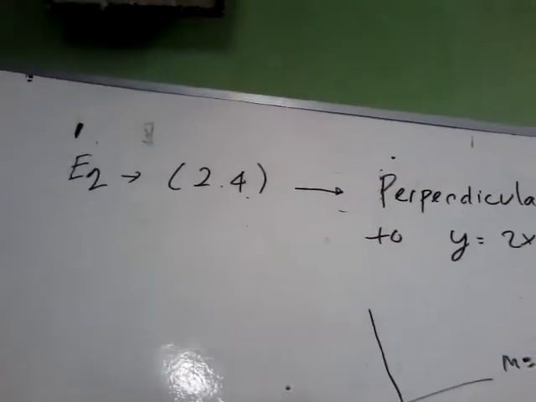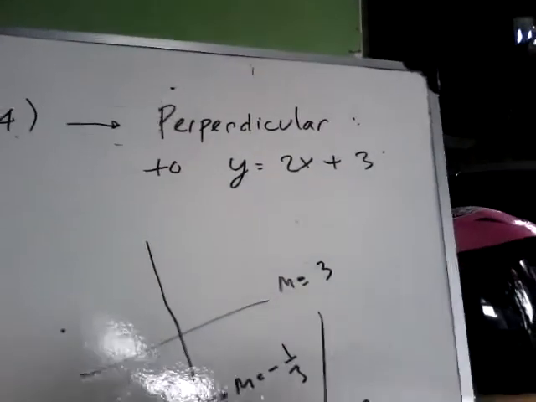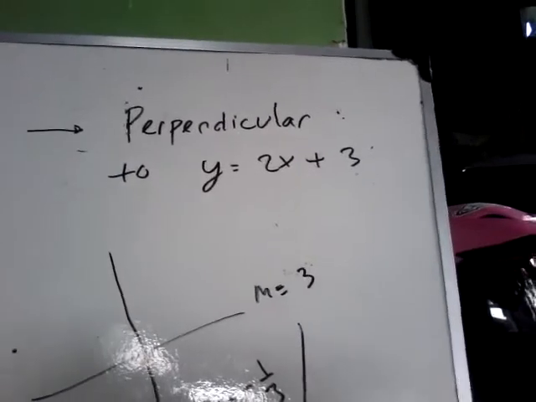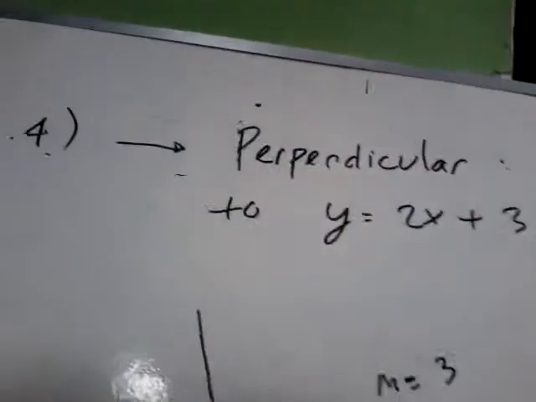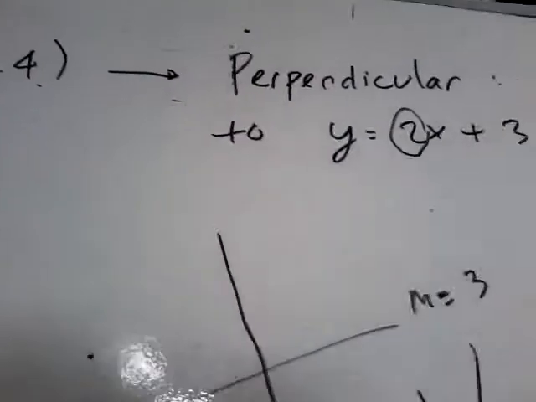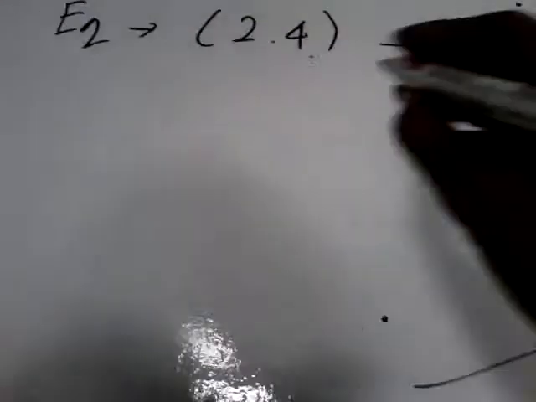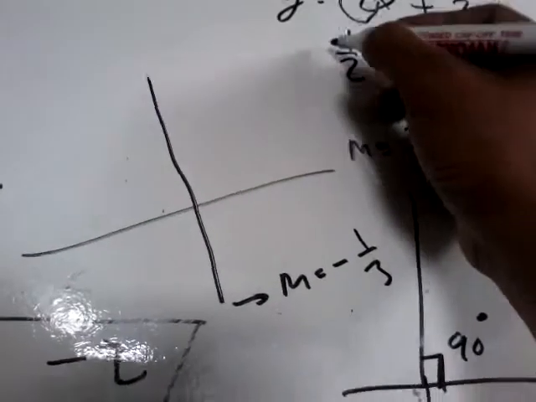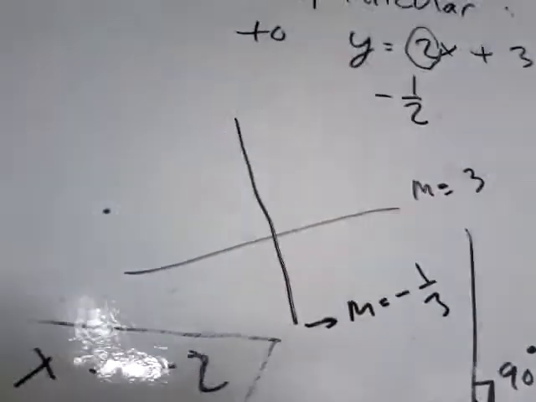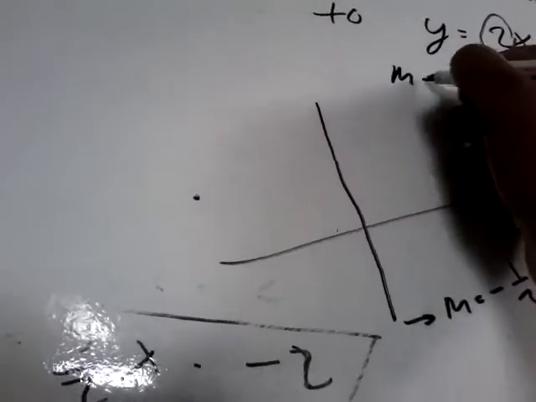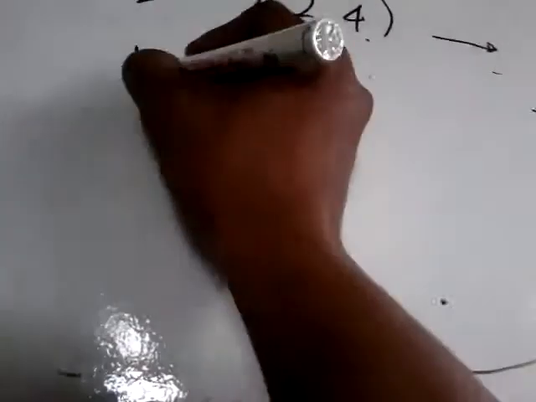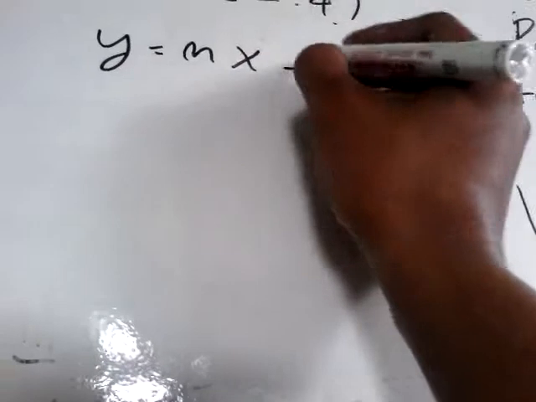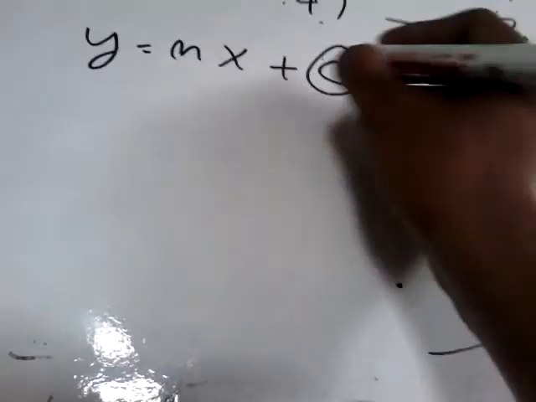So we go back to the example: the equation passing through (2,4), perpendicular to y equals 2x plus 3. The gradient, as we know, is 2. Because it's perpendicular, it shall be upside down, and this is positive, so it will be negative. That's the gradient, minus 1 over 2. Then we put it in the basic formula to find the c.